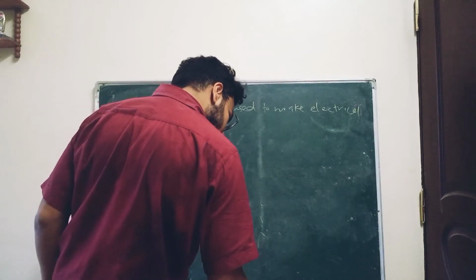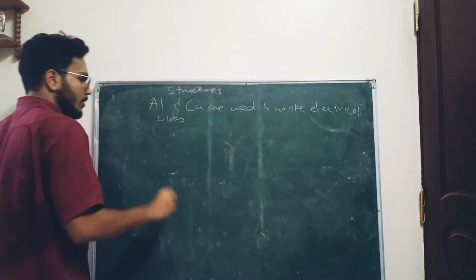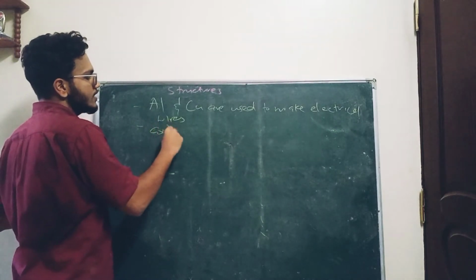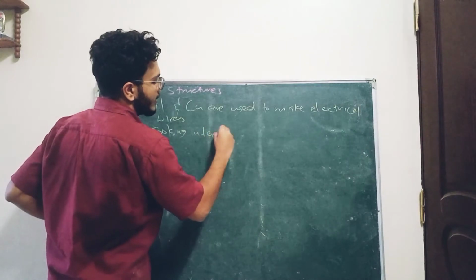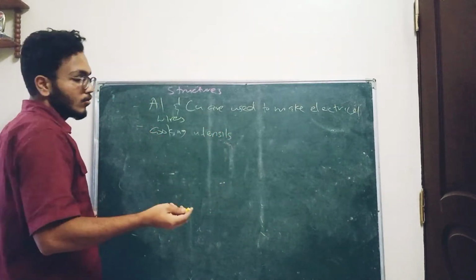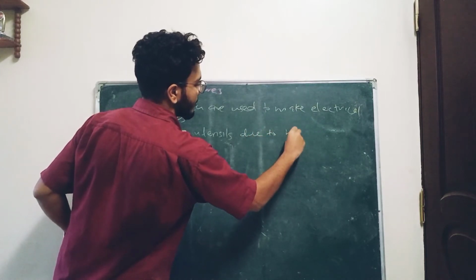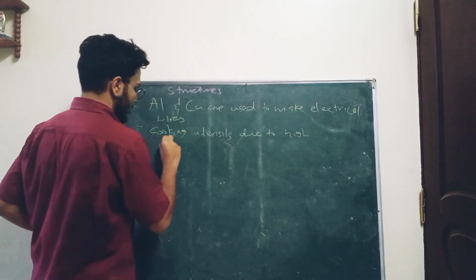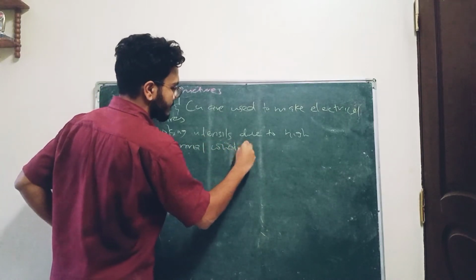They are used to make cooking utensils due to high thermal conductivity. Cooking utensils, such as aluminium saucepans, are good conductors of heat due to high thermal conductivity.